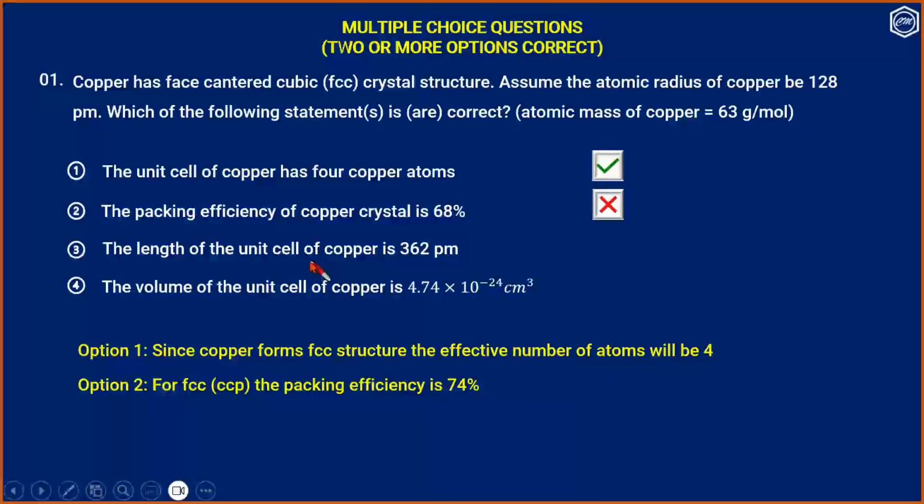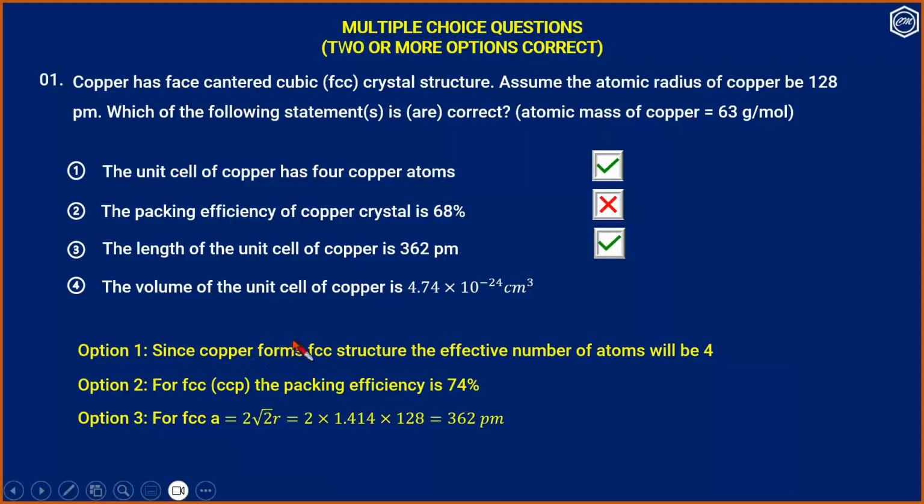The length of the unit cell of copper is 362. For an FCC unit cell, the edge length a is equal to 2 root 2 r. Radius is given as 128 picometer. So 2 into 1.4 into 128, that is 362 picometer. Option 3 is correct.